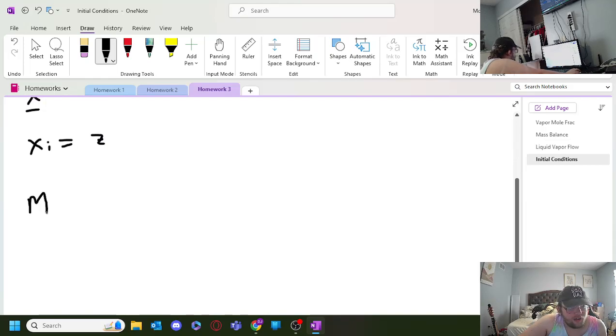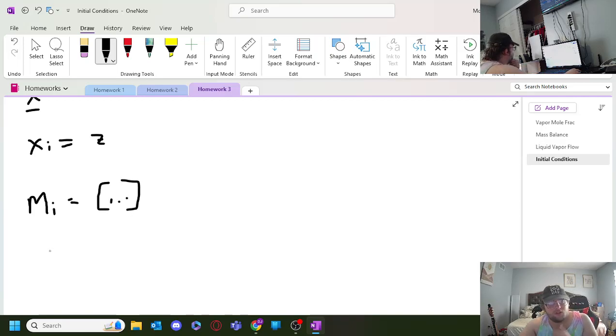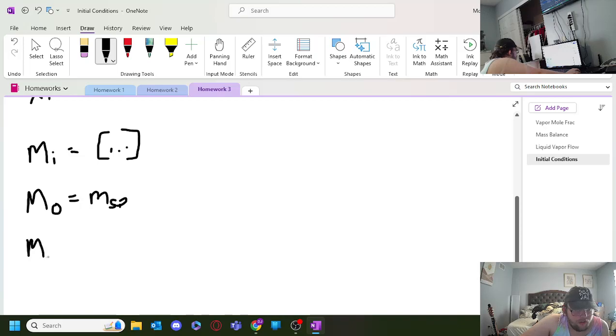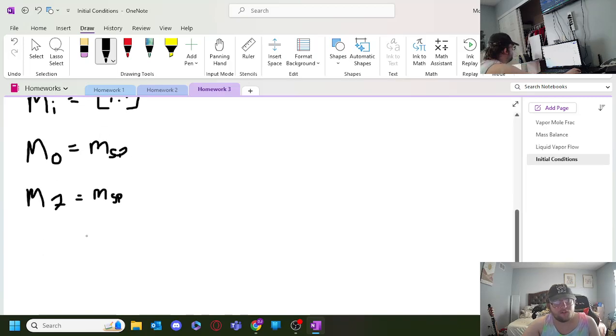So M initial equals some array for each stage. So M0, what we're going to do is we're just going to say that's at our set point for the reboiler. So let's say M set point there. Now for the condenser, we're also going to have it at some set point for the condenser.